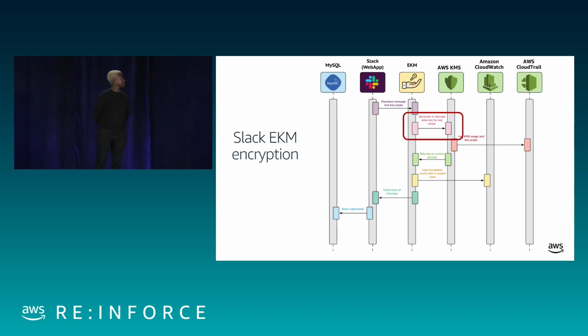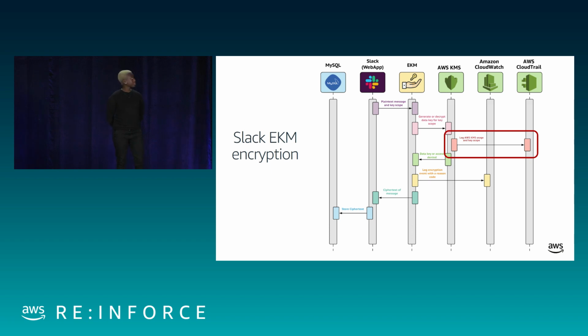Once the EKM service receives that, it would then send a request out to Amazon KMS to do a generate data key. In KMS, the CloudTrail log would be logged. And this is the log that Slack has no control over, that this is going to happen one way or the other. Then KMS responds with the encrypted data key and also the plain text version of the data key.